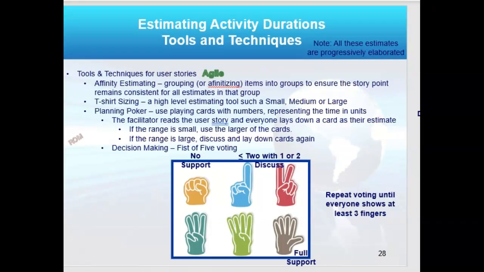And so in continuing the estimating tools, Agile will estimate also. And Agile does a number of things. It can do affinity estimating by grouping, or affinitizing, the estimates. Sometimes they estimate, remember I said relative sizing? T-shirt sizes. They'll go small, medium, large, extra large.